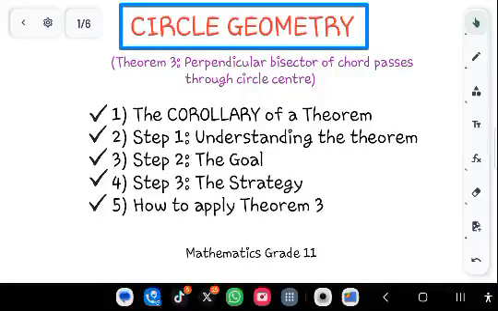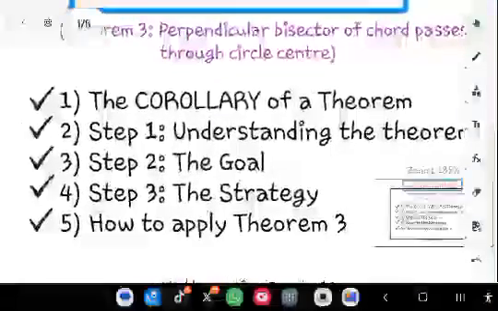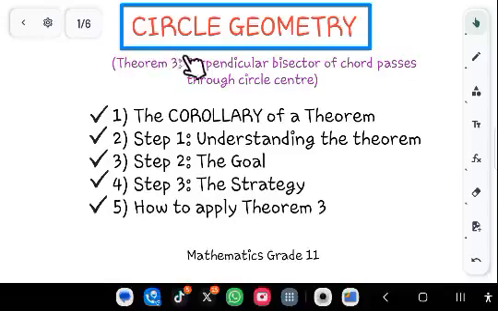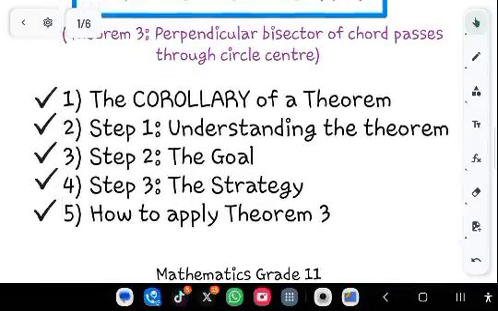We have a lot to cover, so let's start. In total, we're going to look at, in summary, the corollary of a theorem. This is the third in a series of three, a trio of theorems, and this one basically combines all three, and we call that a corollary, and you'll see in a moment what that is about. Number two, step one, understanding the theorem in detail.